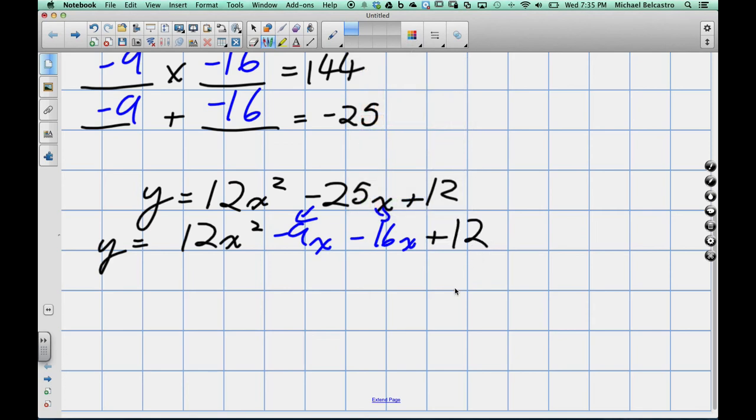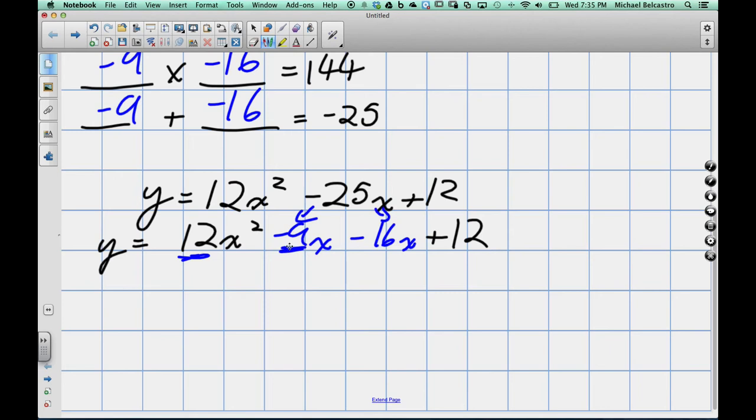The next thing we're going to do is something called common factoring. Common factoring is where we take a term out of numbers, a term that can be divided into everything. We're going to common factor our first two terms and our second pair of terms separately. So I look for a greatest common factor of the numbers 12 and 9.